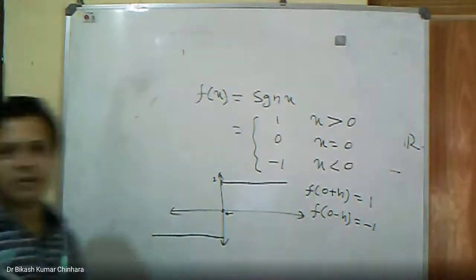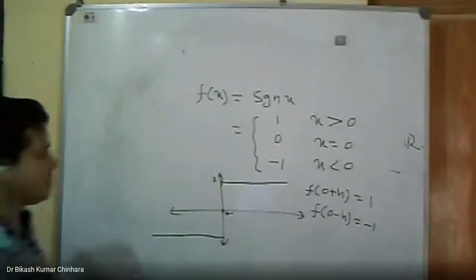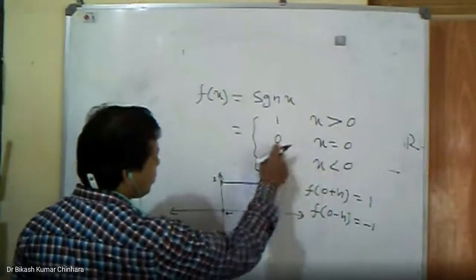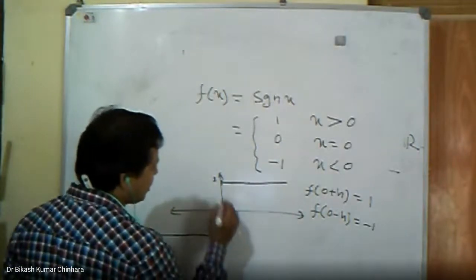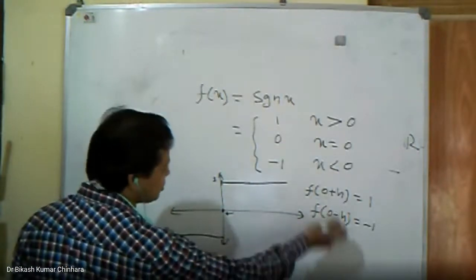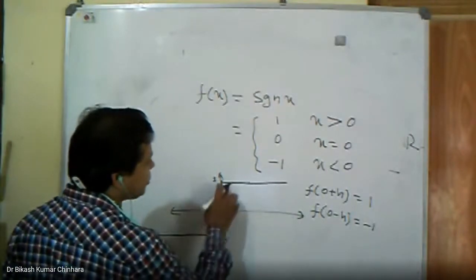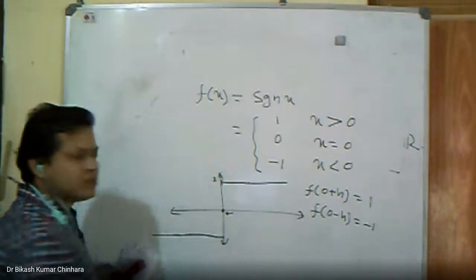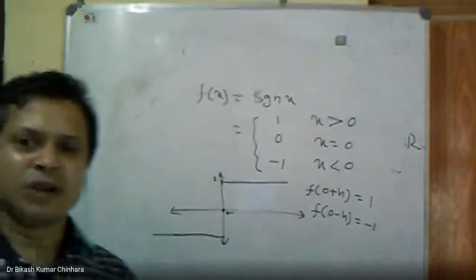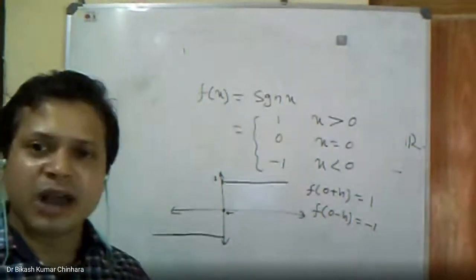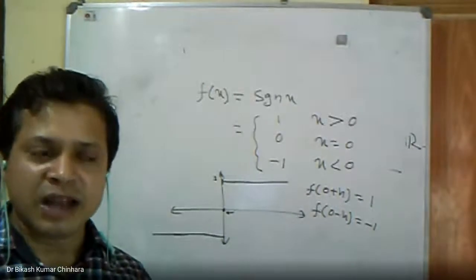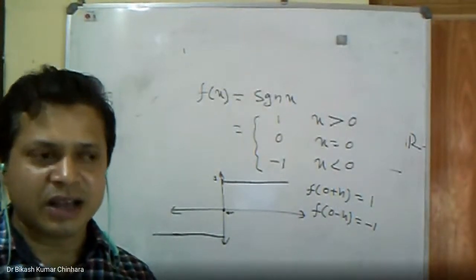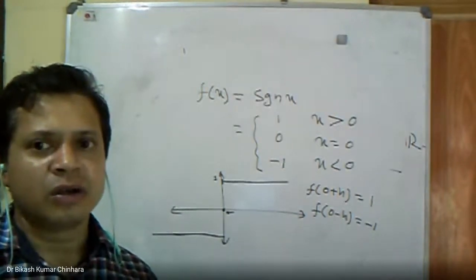The functional value at 0 is 0, and the limiting value does not exist. That means it is not coinciding with LHL or RHL, so LHL is not equal to the functional value, and RHL is not equal to the functional value.